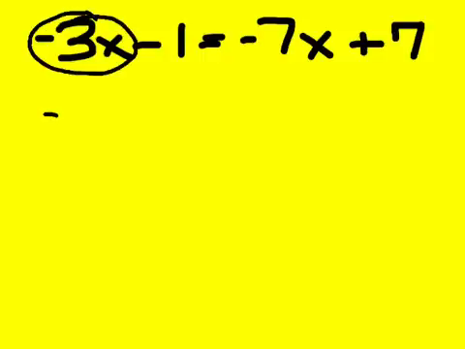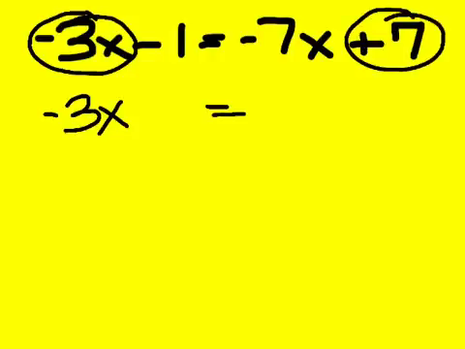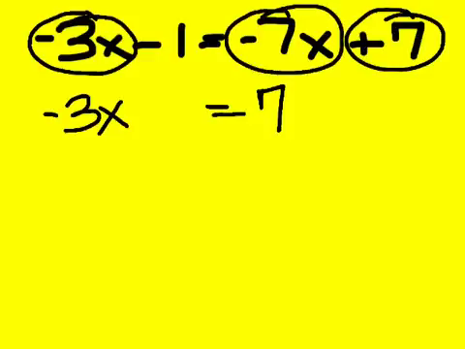Whatever is an x term on the left stays on the left with the sign before it. And then whatever is a constant stays on the right with the sign before it. In this case, you actually drop the sign because it's a plus. Now, whatever x term is on the right, you move that to the left and change the sign.